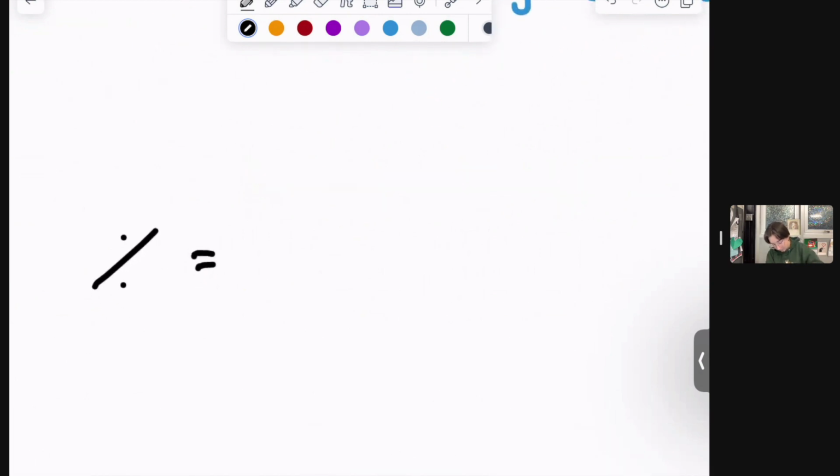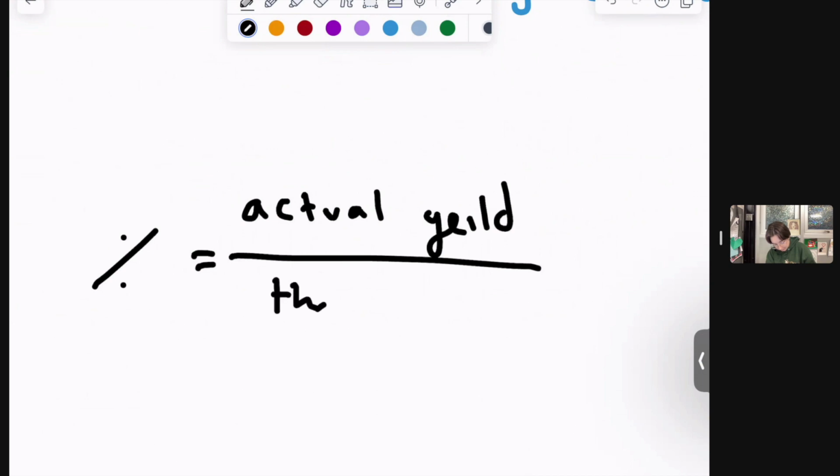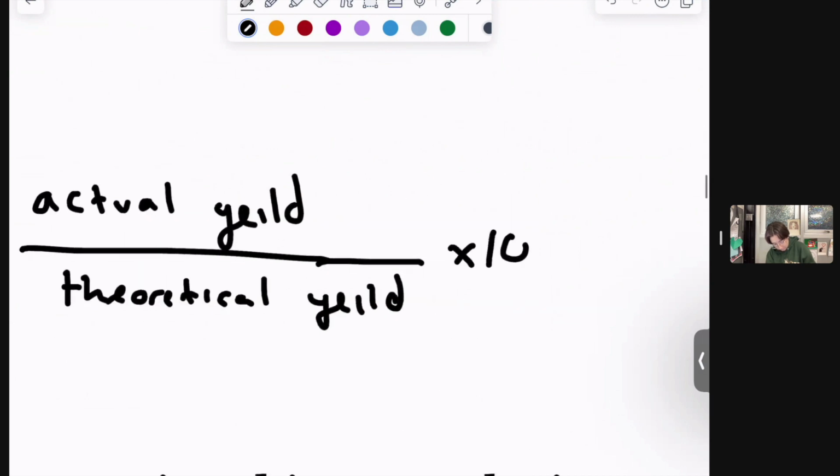So there's something called an actual yield and a theoretical yield. An actual yield is the amount you actually produce if you did the experiment.